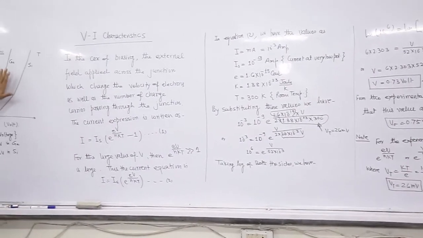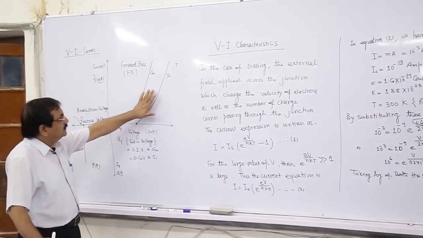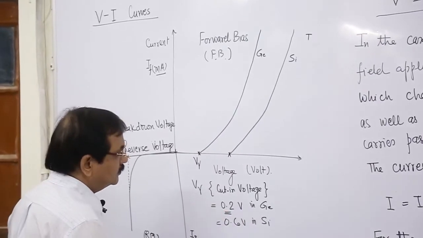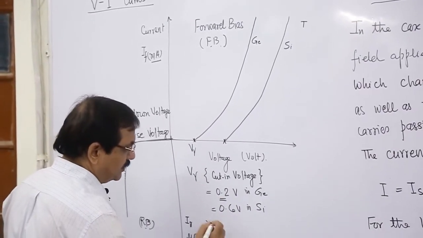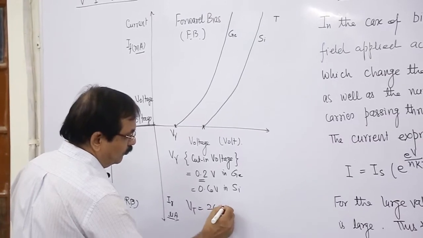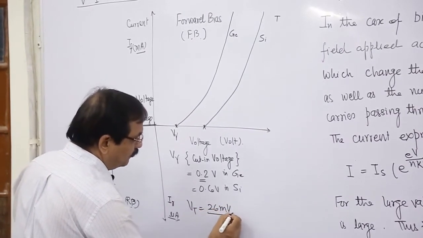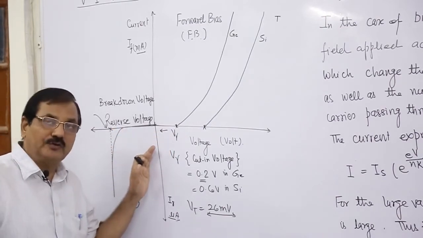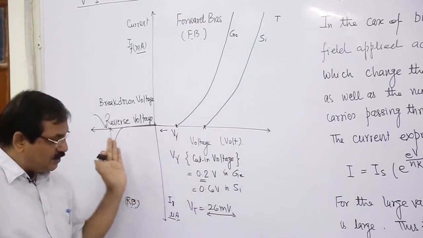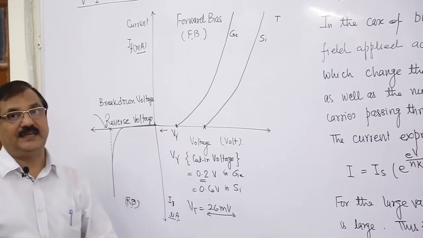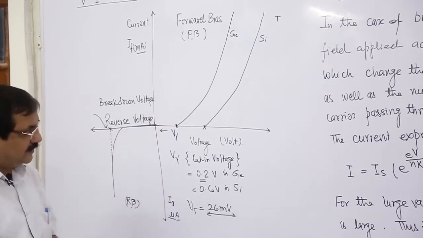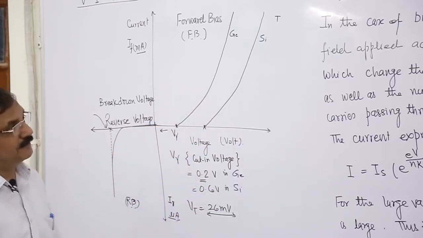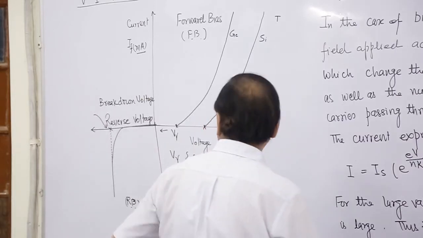From this curve, you see this is 0.2 volt, while Vt is equal to 26 millivolt. If you want to draw the scale 26 millivolt on this axis, it is not possible to express it in this way. Now, this is the first part of the forward bias case.